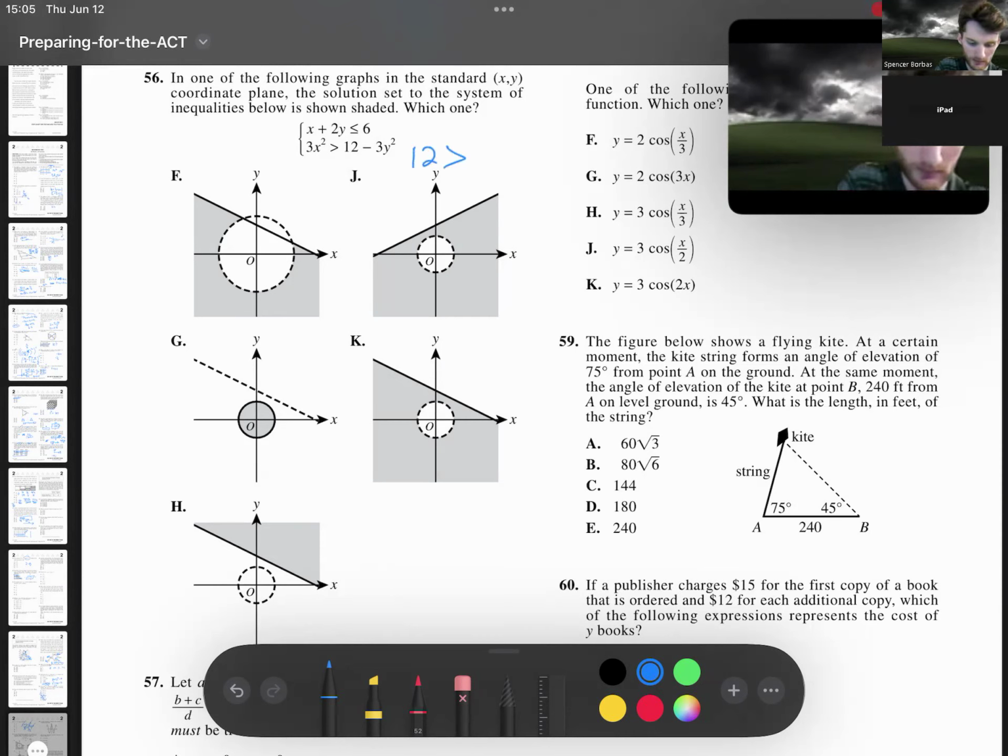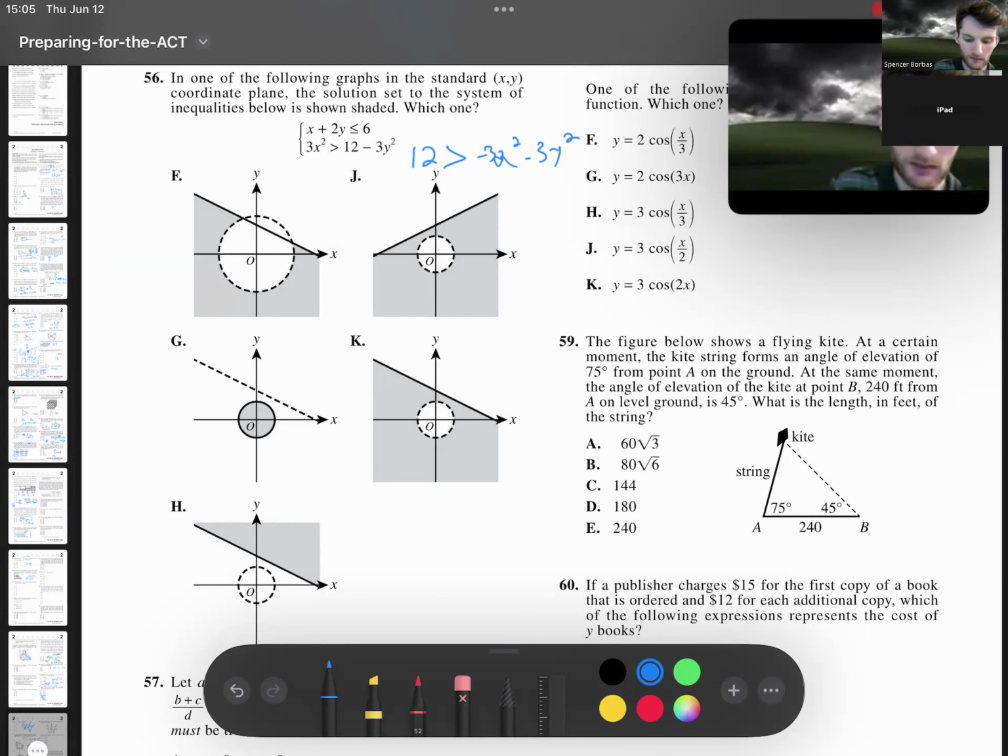12 is minus negative 3x squared minus 3y squared. All right, so it's centered at 0. Let's just try 0.